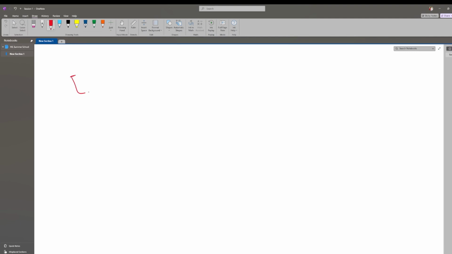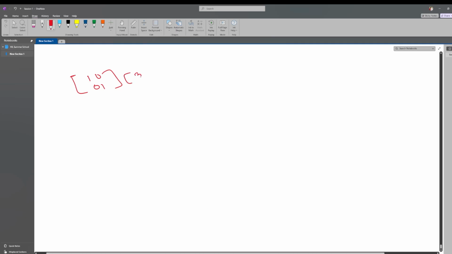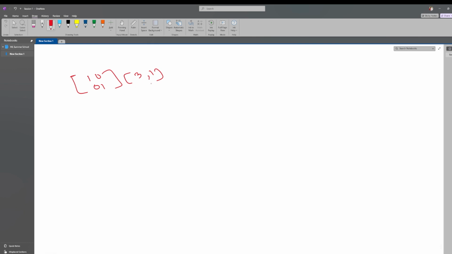So IV means we have multiplied the identity matrix with V, which is another vector, maybe 3, 1. As mentioned, if you multiply the identity matrix with the vector, it basically ends up with the same thing.